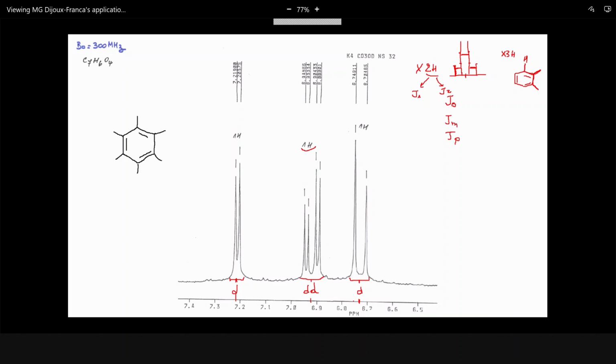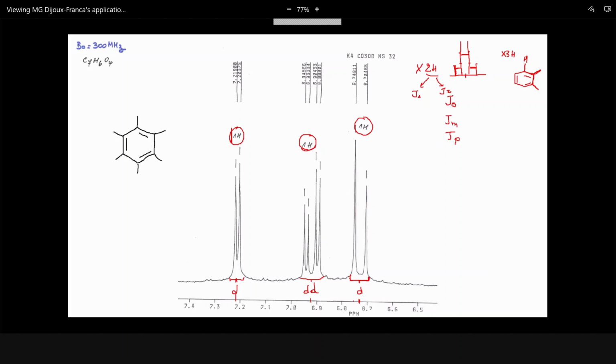I mean, they don't feel like a coupling, so I think it's two different signals. But it's important to keep in mind that they give us the value of the integration. They could not be two different signals because I have only one proton from here to here.